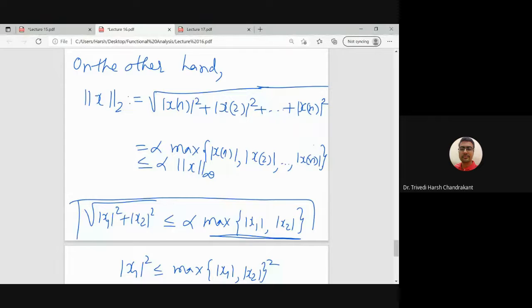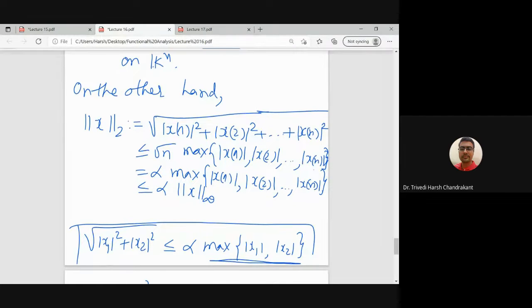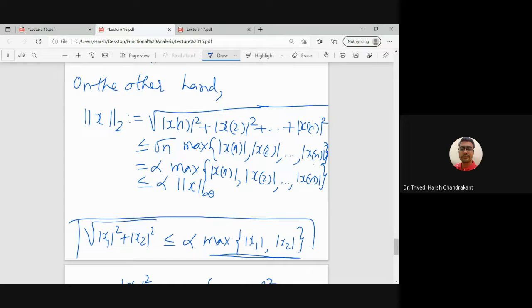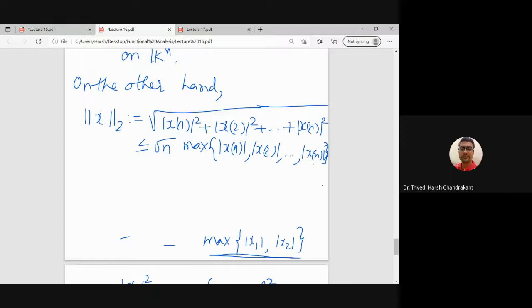So this is less than or equal to, what will be here? Here it will not be root 2 because there are n coordinates. So that will be root n times the maximum of x1, x2, ..., xn. Basically we are just using the comparison of real numbers, comparing with the maximum value and so on.